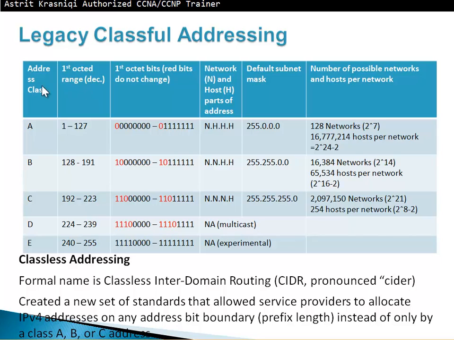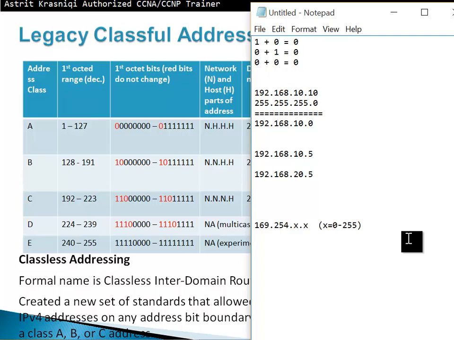Now, the range for the classes, class A for example, is in the first octet, 1 to 127, right? Or in binary, the octet goes from all zeros up to 01111111. Let me open the notepad again here.